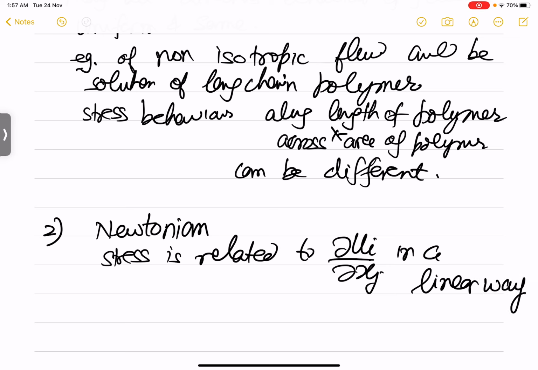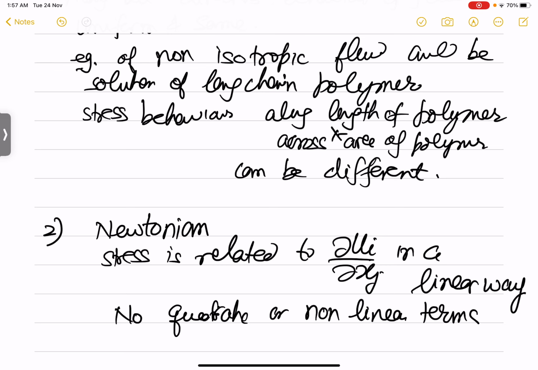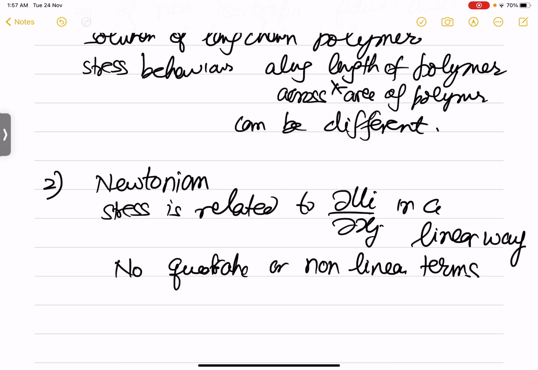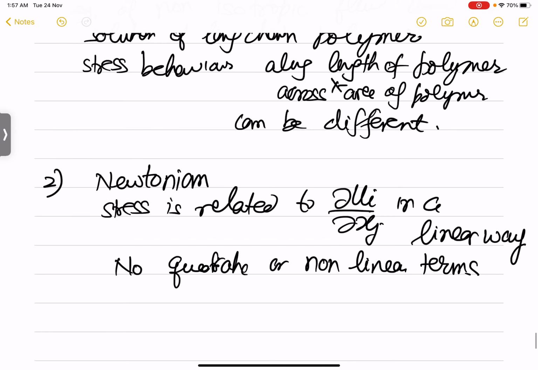That means there are no quadratic or non-linear terms. Only power of partial ui by partial xj to power 1. Nothing else. That is what we mean by a Newtonian fluid. So now, of course, as I said, we will generalize this, expand this.